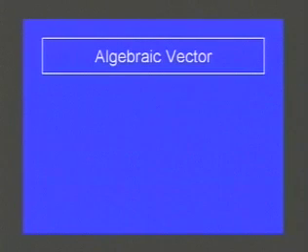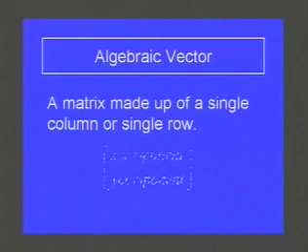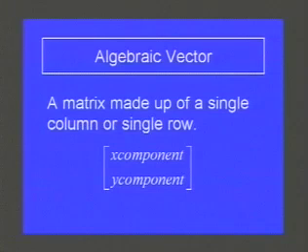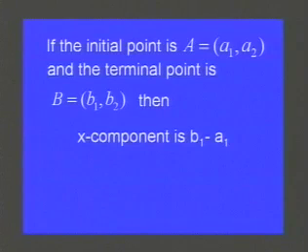Okay, last, an algebraic vector. An algebraic vector is a matrix, and so you've seen these already. It's a matrix made up of a single column or a single row. We'll use a single column. Specifically, it's going to have an x component and then a y component. If the initial point is A, which is (a1, a2), and the terminal point is B, which is (b1, b2), then the x component is going to be the x's subtracted.